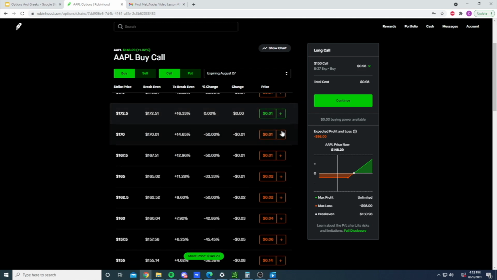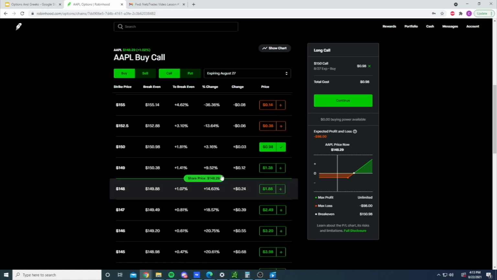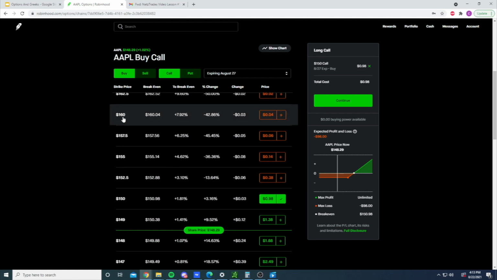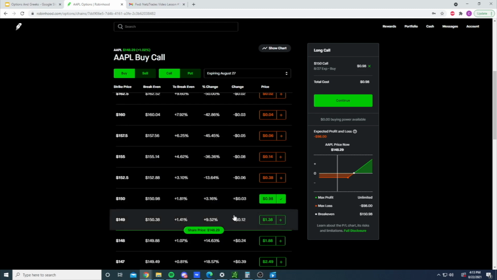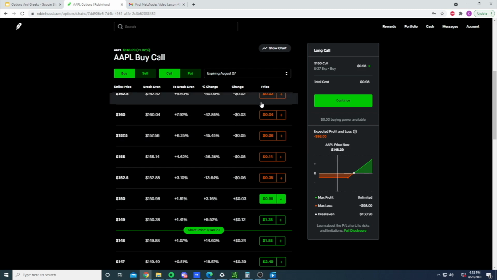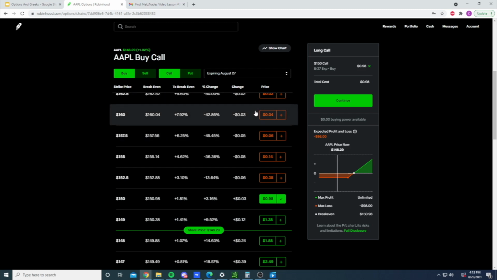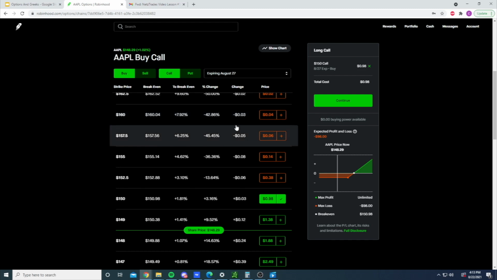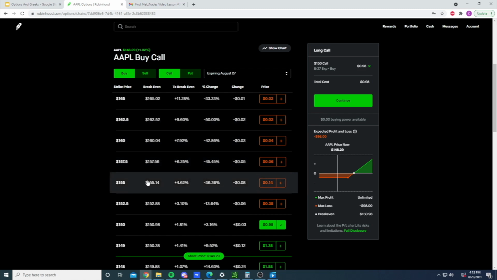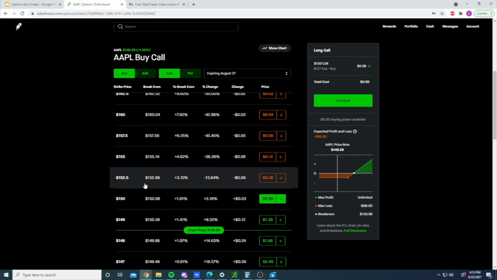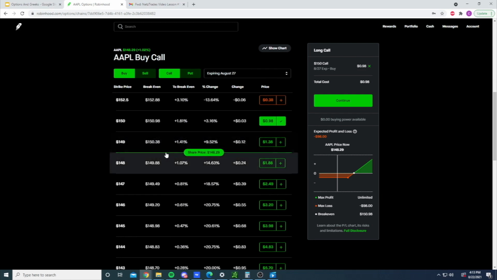Because these are so cheap, in order for this 155 call to be in the money, Apple needs to move $7 in a week, which is very uncharacteristic of Apple, seeing as it only moves 1 or 2 points a day on average. That is why these are so cheap, because chances are that they will not become at the money or in the money.